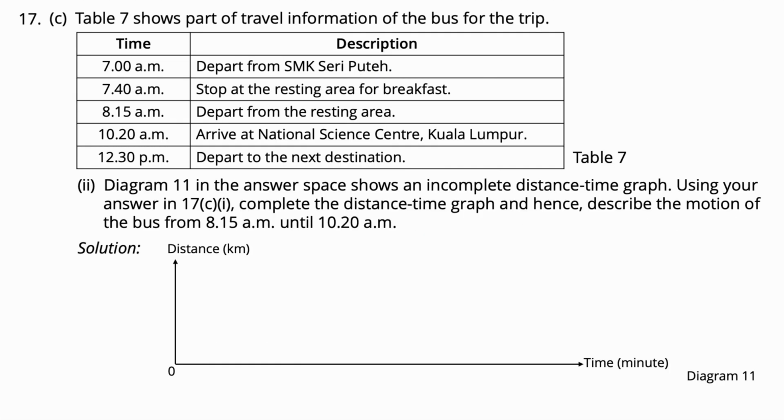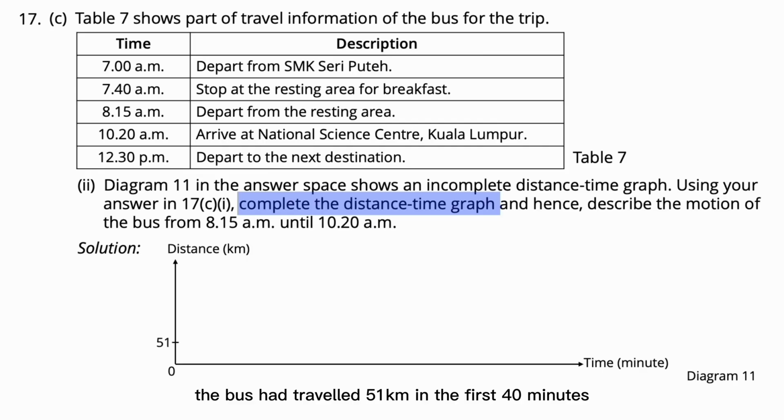Question 2. Diagram 11 in the answer page shows an incomplete distance time graph. Using your answer in question 17c1, complete the distance time graph and hence describe the motion of the bus from 8:15 a.m. until 10:20 a.m. According to the answer in question 17c1, the bus had traveled 51 kilometers in the first 40 minutes.